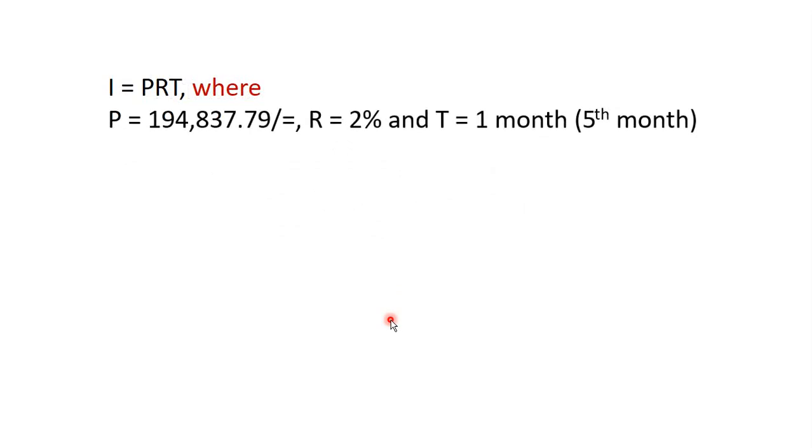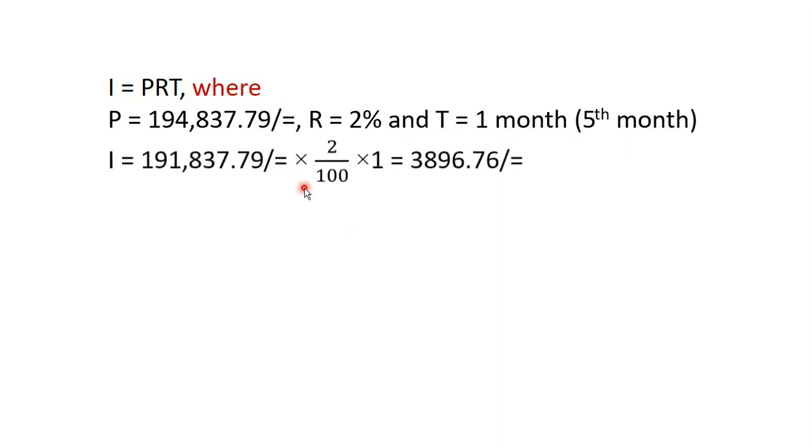Interest is principal times rate times time. When you substitute the principal we have, and then the rate, and the time is 1 month, but we're in the 5th month, the interest in the 5th month is going to be 3,896.76 shillings.